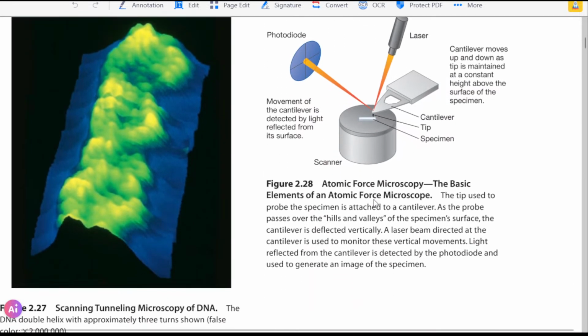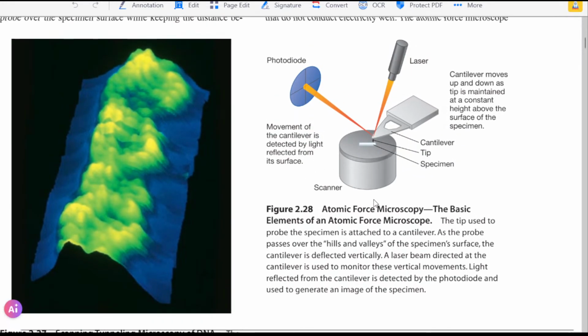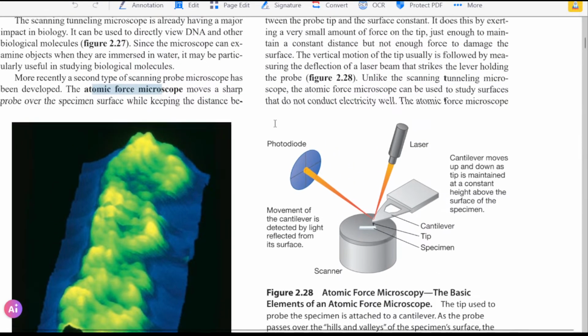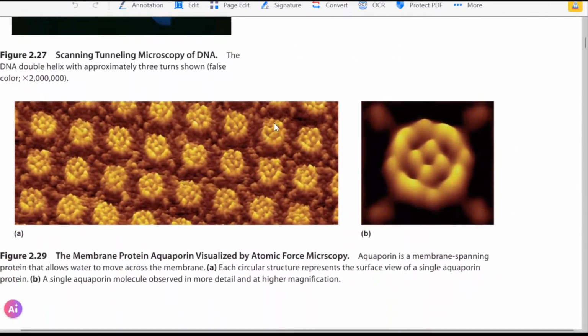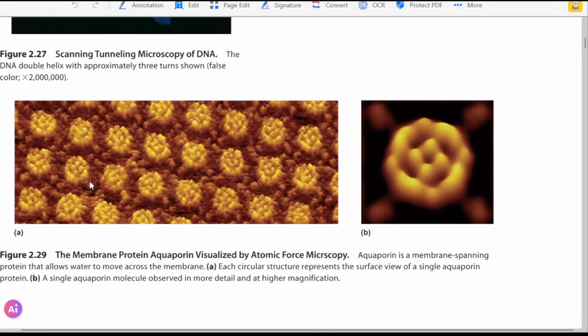So this is used for the objects that are not good at conducting electricity, like the surfaces that are not good conductors of electricity. How are you going to study the atomic level of those kinds of solids or liquids? So in that case, the atomic force microscope is used. This is showing the aquaporin, a membrane protein. And as you can see, this is a protein.